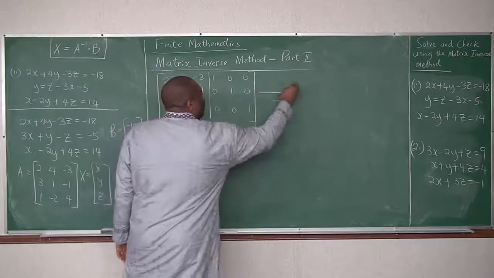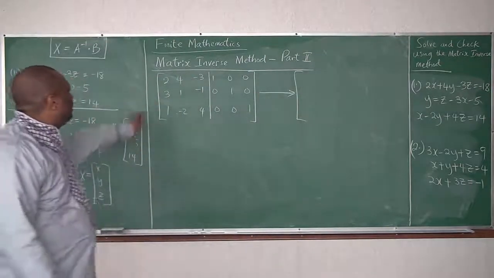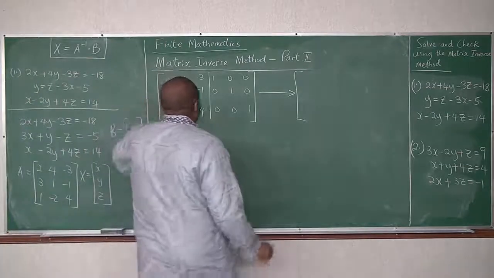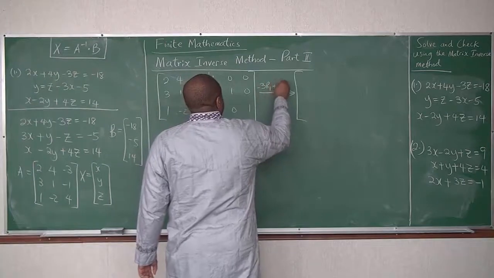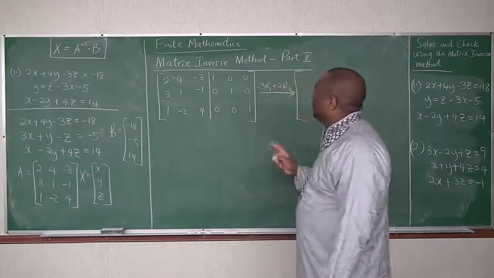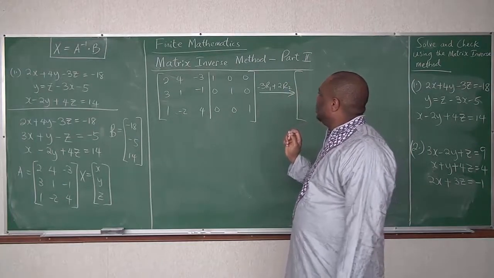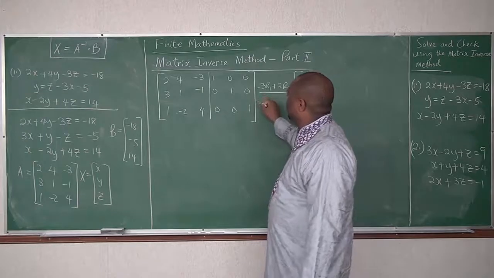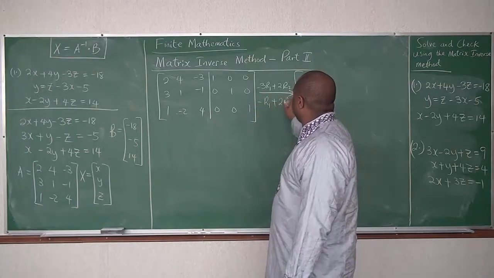So what will be my operation here? This will be negative 3R1 plus 2R2, then negative R1 plus 2R3.